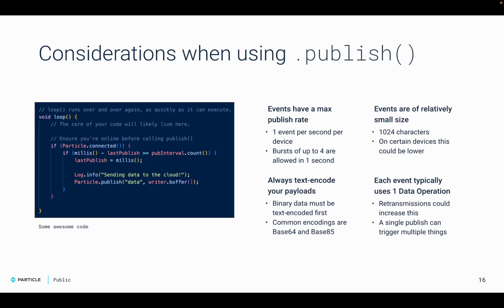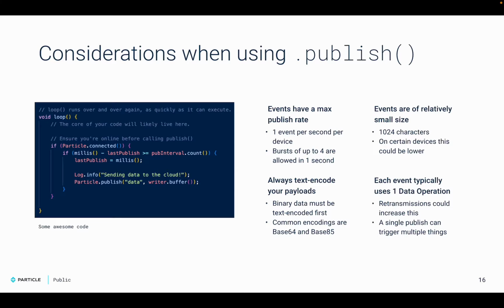It is arguably one of our most useful device APIs. However, there are a few things to be aware of. Events have a maximum publish rate of 1 publish per second, so it's not suited for stream-like use cases. Also, there's a maximum payload size of 1024 characters per publish. If you need to send larger payloads, you'll have to chunk your messages to fit within that limit.